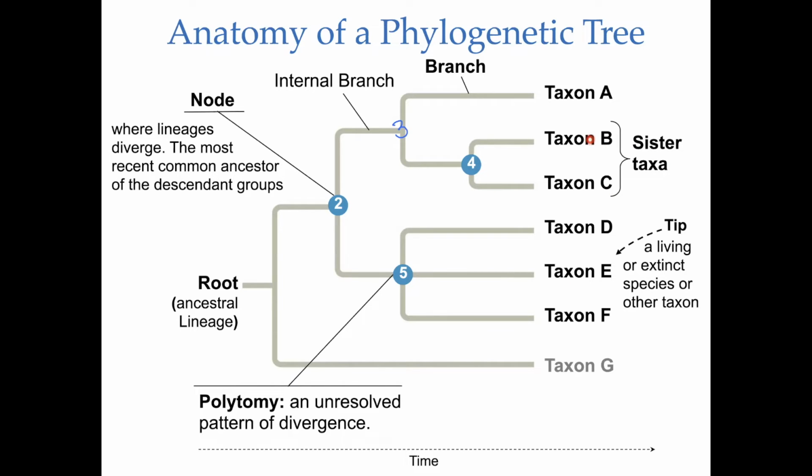In the tips here, when we have the branch that goes until the tips, what we have represented, and we have here randomly just taxon, this is the group of organisms we are studying. So this can be a living or an extinct species or other taxon.